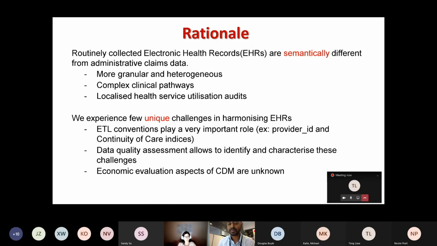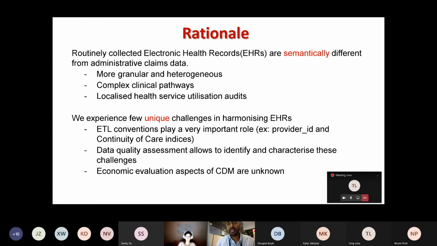To give a good example, let's say I'm interested in looking at chemotherapy regimens for IPMN of cancer, intraductal papillary mucinous neoplasm of pancreatic cancer. Usually we can get that information only from electronic health records, because you don't have that granularity of staging and morphology required for a specific disease.